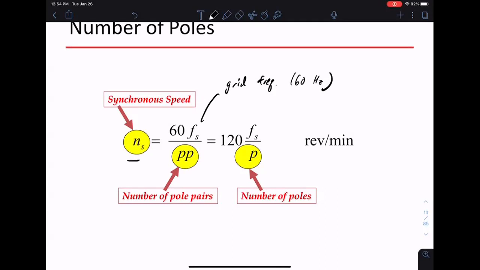This equation will show up again and again. It's very common for this equation to show up, so this is a good equation to remember: the impact of the number of poles on the synchronous speed. Any question about this equation? Any question about the number of poles?